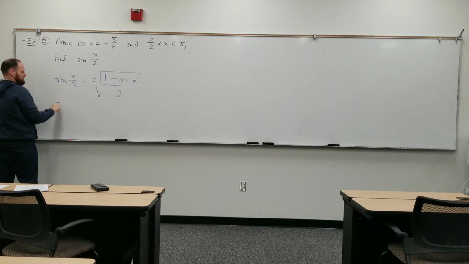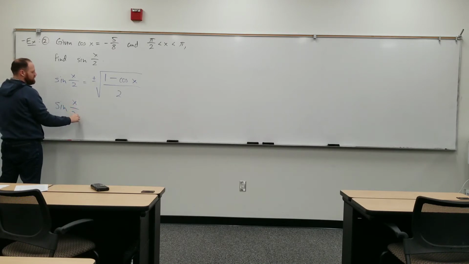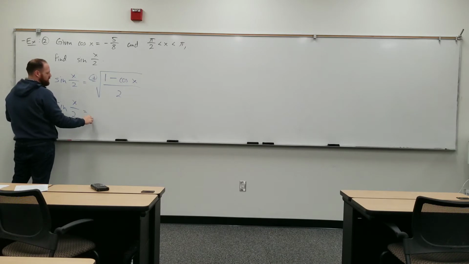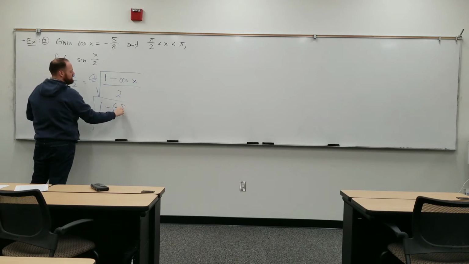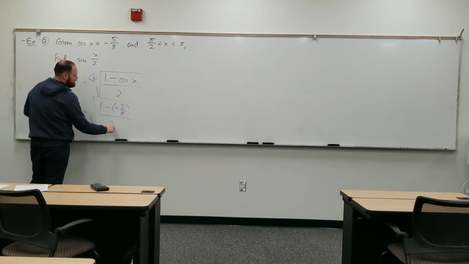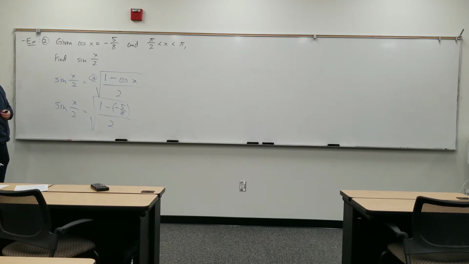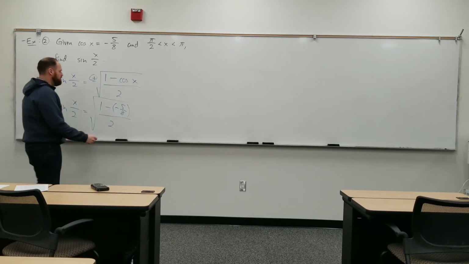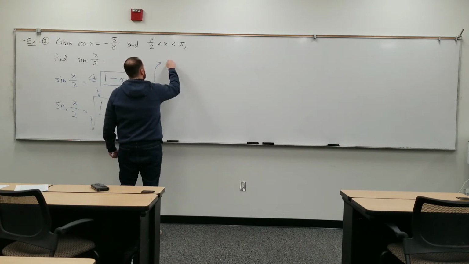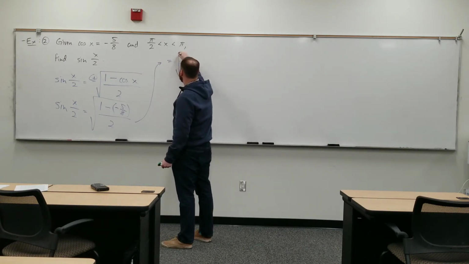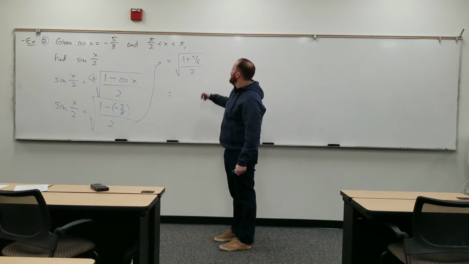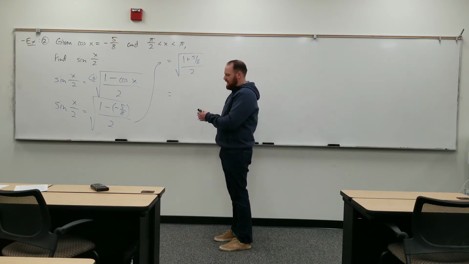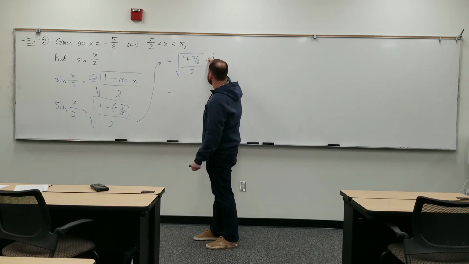So I'll say sine x over 2 is, taking the positive square root, the square root of 1 minus cosine x, which is -5/8, and then divide by 2. The rest is just simplifying. This is the square root of 1 plus 5/8, over 2. We can multiply numerator and denominator by 8 to clear that complex fraction.